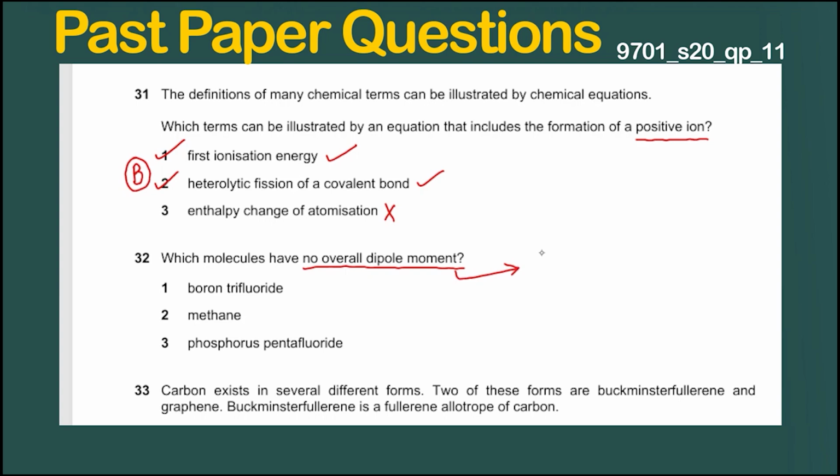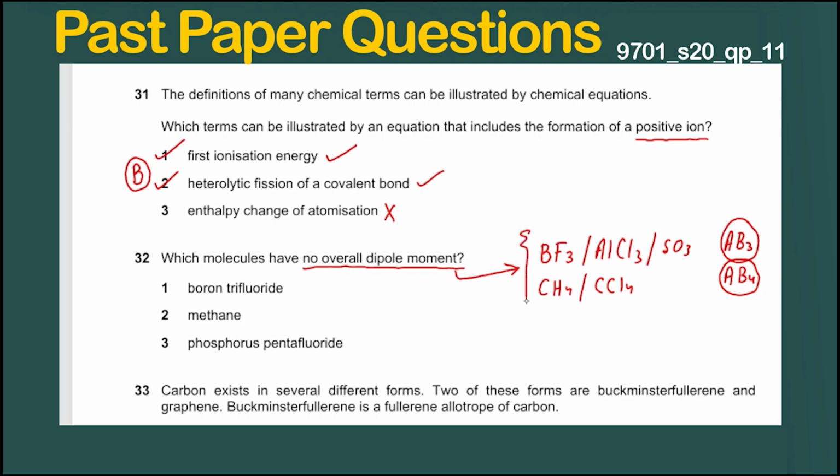perfectly trigonal planar molecule, perfect molecules उनको कह रहा हूँ which are not having any lone pair, BF3, AlCl3, SO3, from the AB3 type molecules, from AB4 type molecules, beta ji remember CH4, CCl4, these are few those compounds which are perfect molecules, and from AB5 type molecule PCl5, PF5.